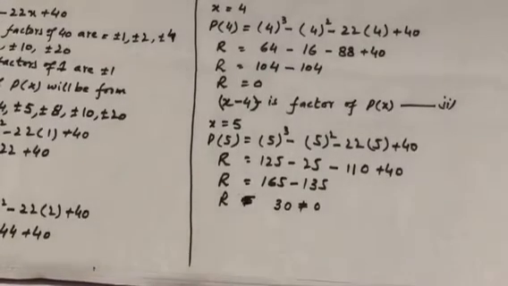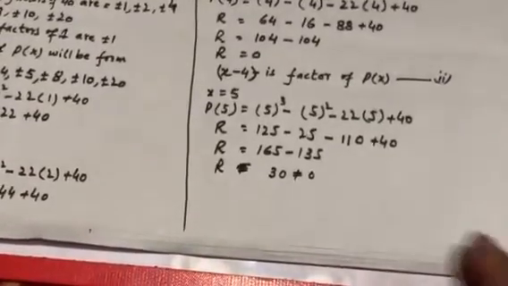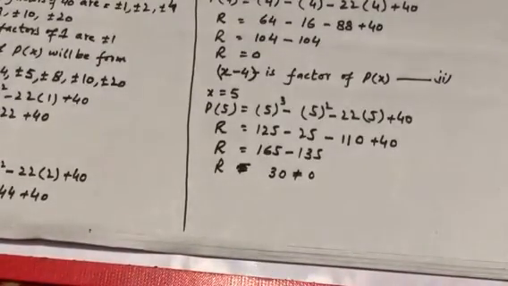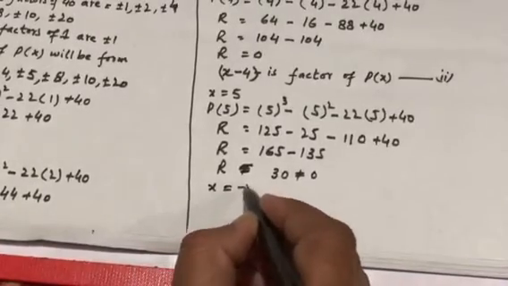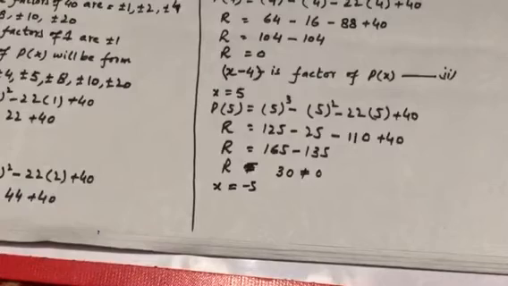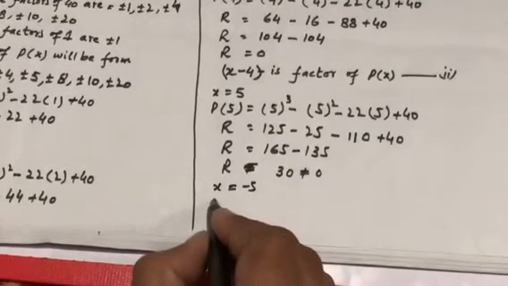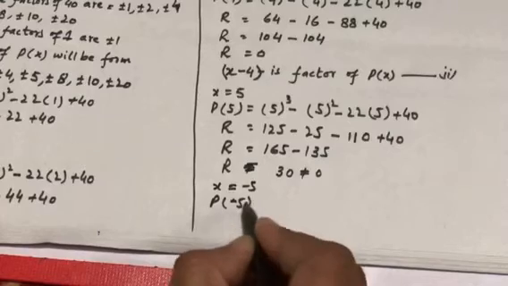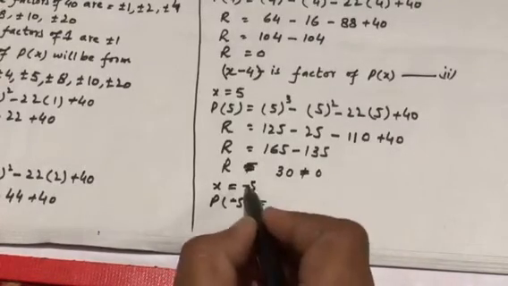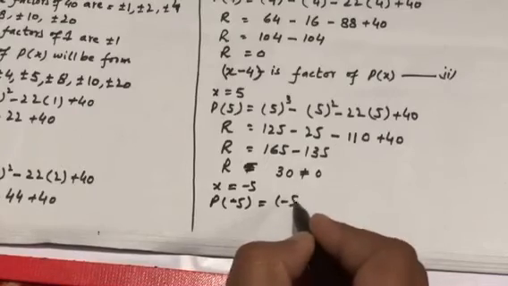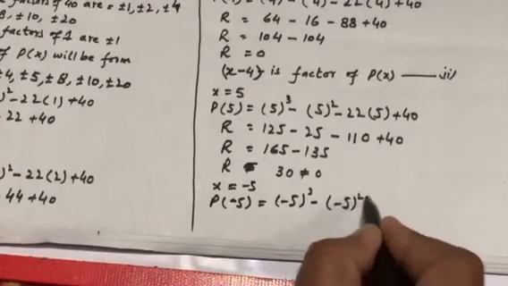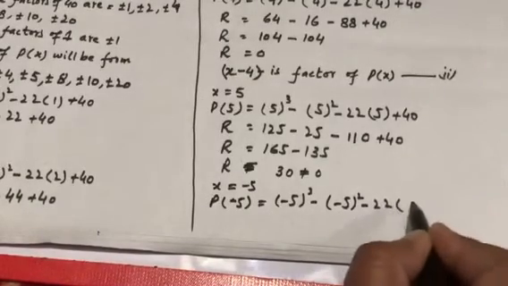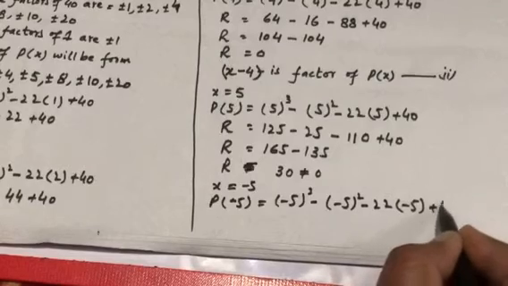So we will have to take another factor of the constant p over q. So if we take x as minus 5 and put it into the polynomial, then we will have the next factor. By putting x as minus 5 in the polynomial, we will have minus 5 whole cube minus minus 5 whole square minus 22 into minus 5 plus 40.